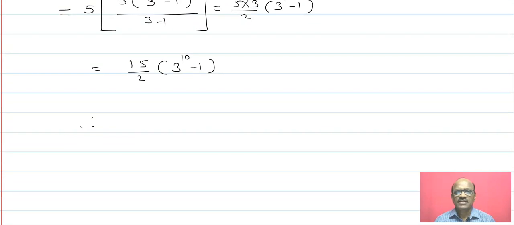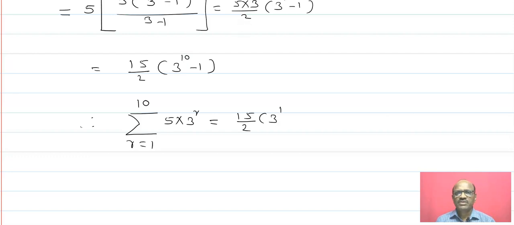Therefore summation r equals 1 to 10 of 5 into 3 raised to r is equal to 15 upon 2 times (3 raised to 10 minus 1). This is the answer.